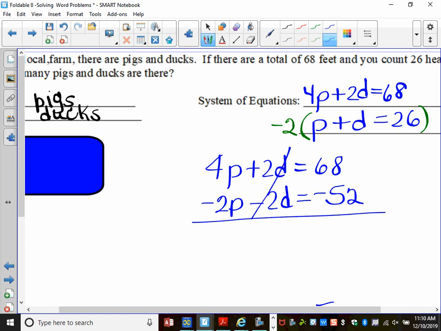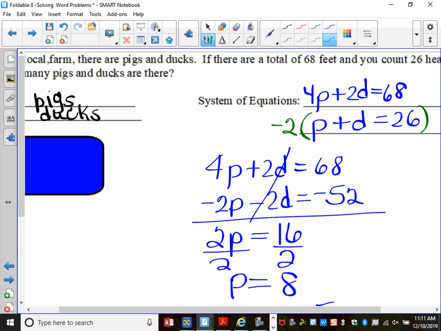So the D's cancel out. I have 2P equals what's 68 minus 52. All right, 16. And then I divide by 2. So how many pigs do I have? 8. And then you can substitute. I'm going to put over here 8 pigs. And then you could just go back to maybe this equation right here.